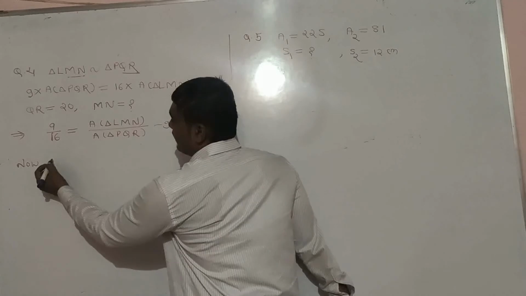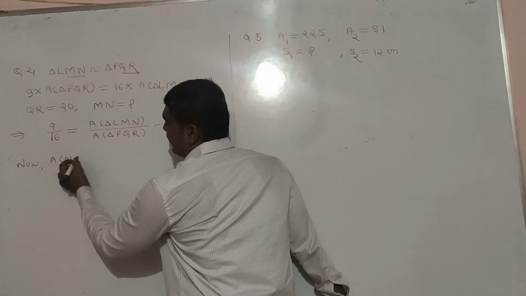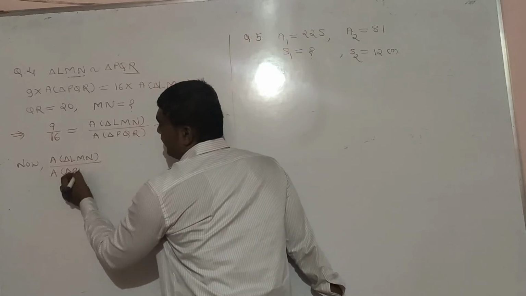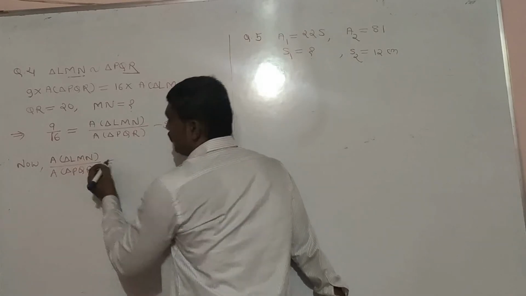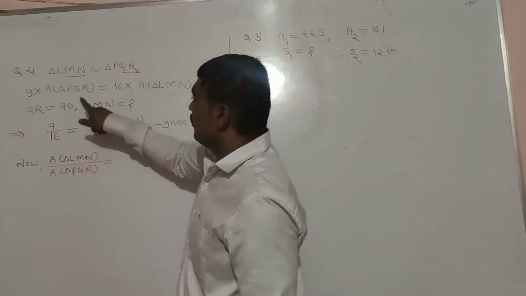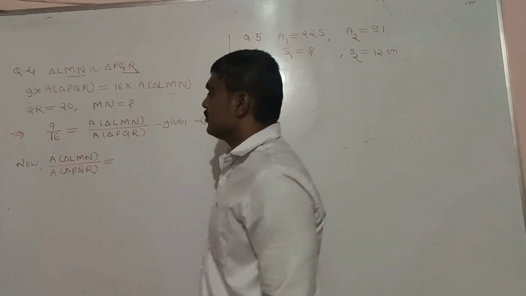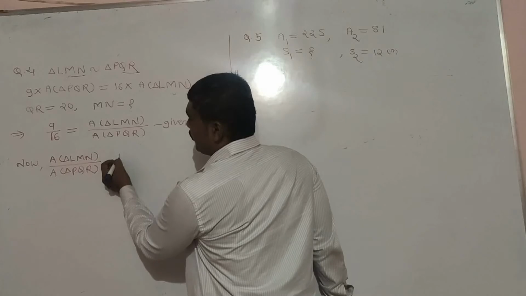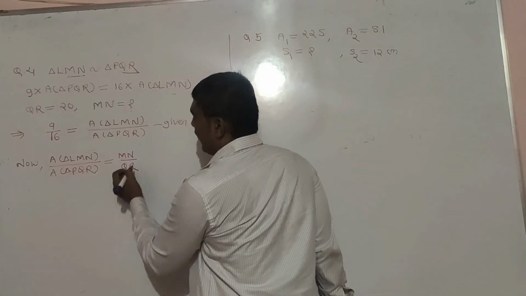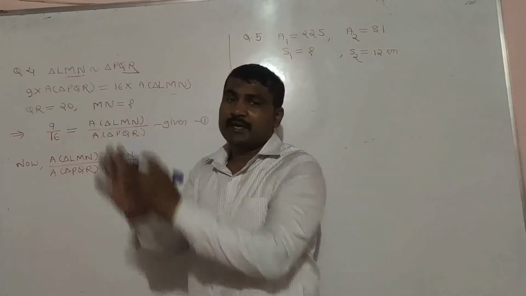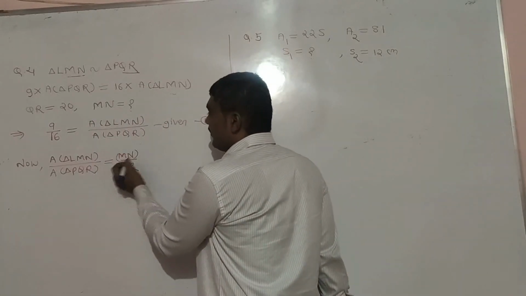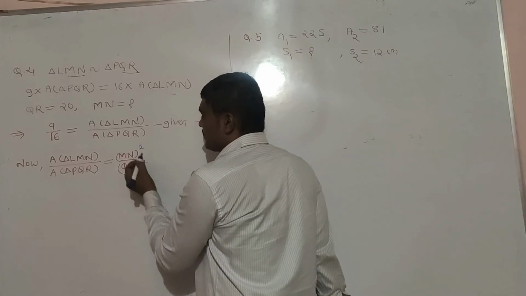So I am writing area of triangle AMN upon area of triangle PQR equal to, which corresponding side will you take? We want MN. So write MN in the numerator and QR in the denominator. The formula is (MN upon QR) whole bracket square, or you can write MN square upon QR square also.